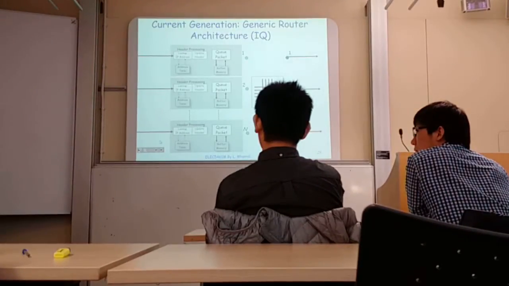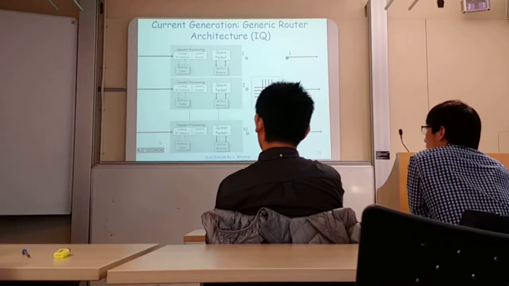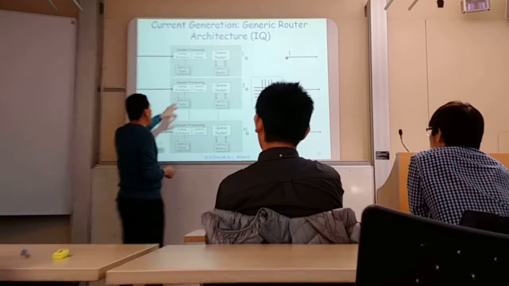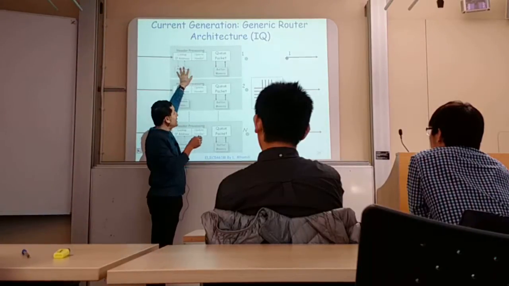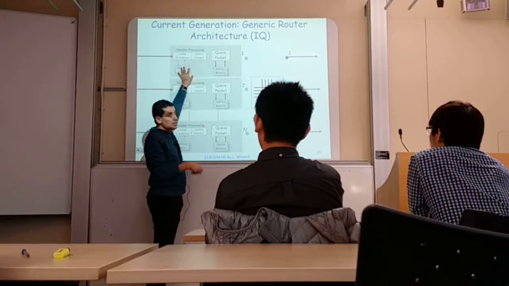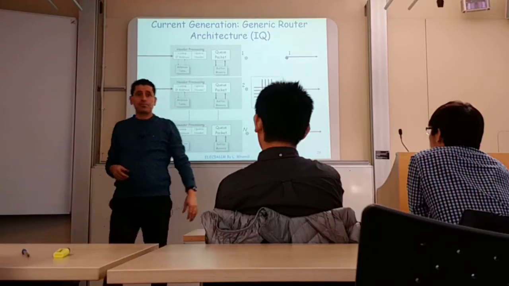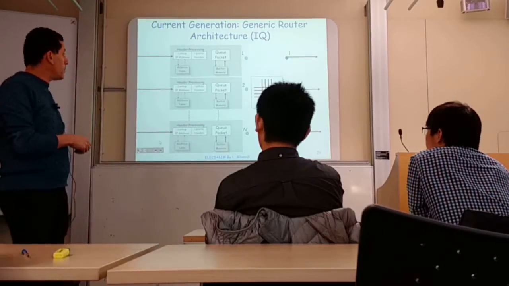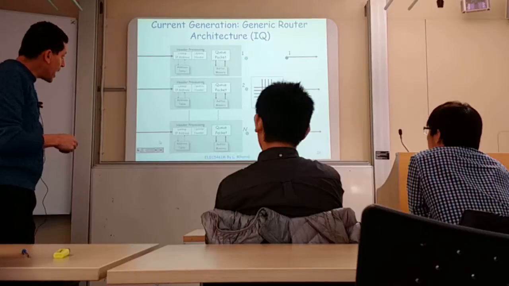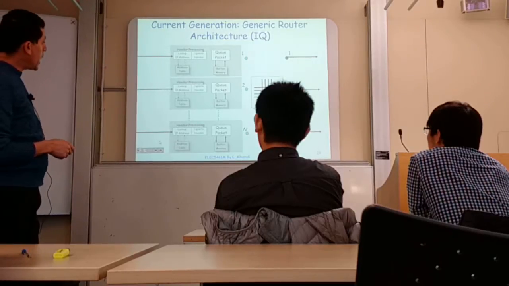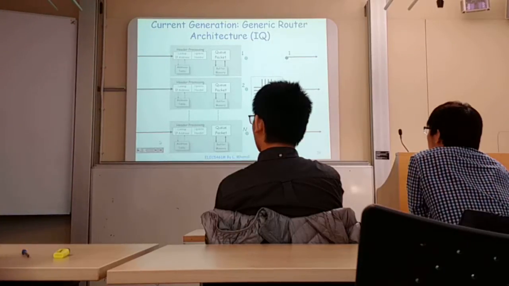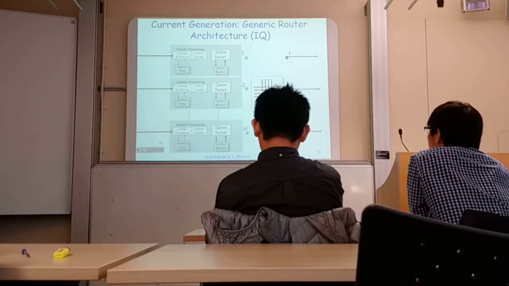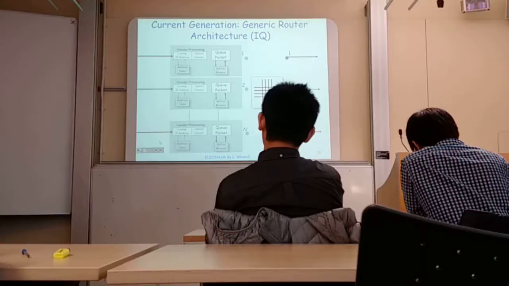We will see. These are design choices. I could very well do the header processing at the input, but move the buffer elsewhere. Now, when I put the buffer or the queue at the input side, I would term the architecture an input queue router, IQ. There are others, as you could understand, such as OQ, which is the output queue router.